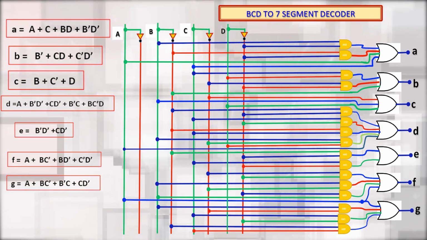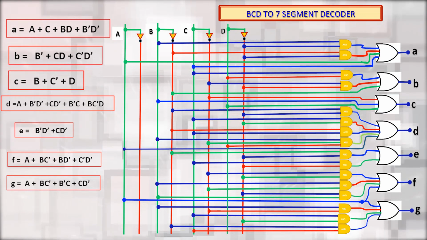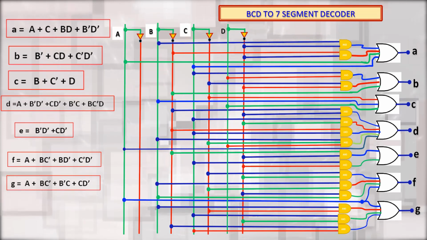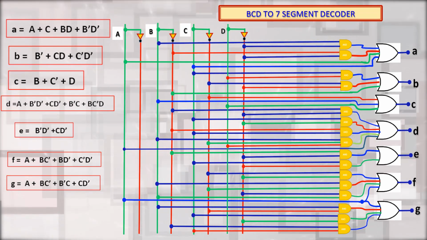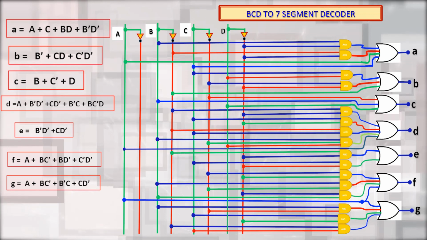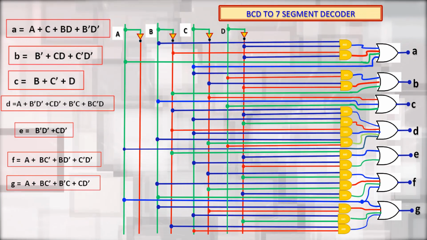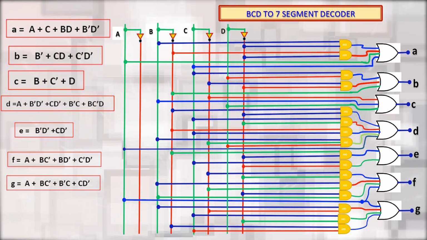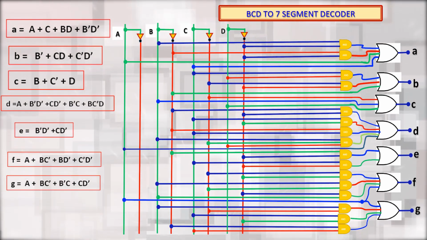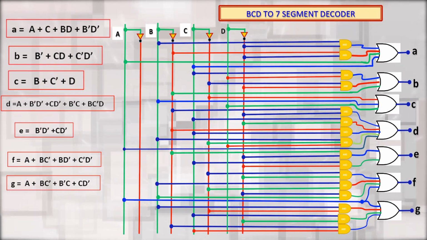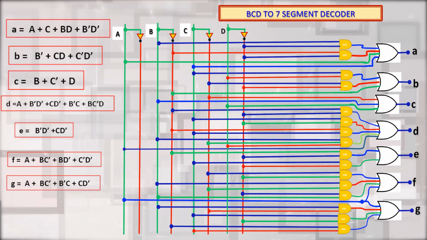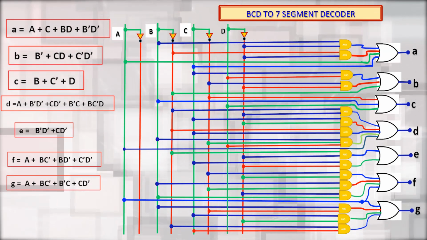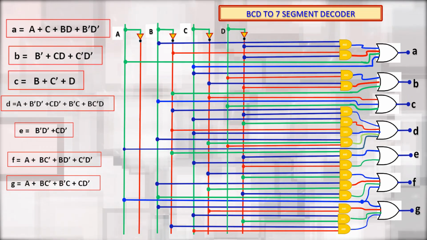First, A will be directly connected to the OR gate, then the inputs B bar and D bar are connected to an AND gate, and the output of that AND gate is connected to the OR gate. Then inputs C and D bar are connected to an AND gate, and the output of this AND gate is connected to the OR gate.